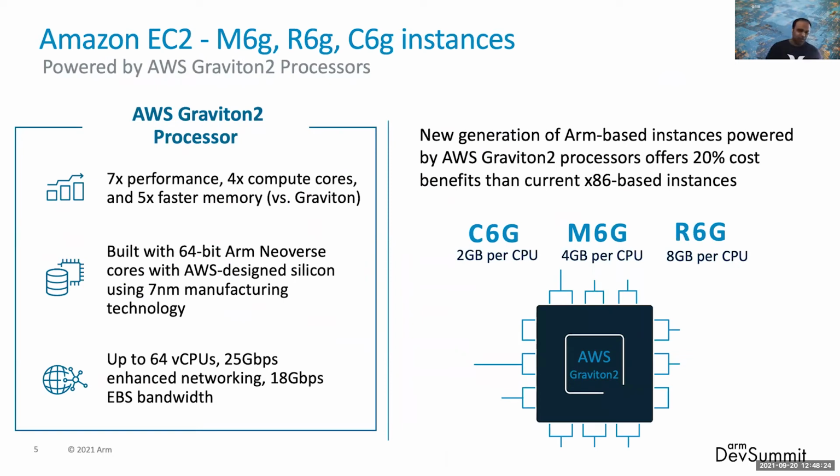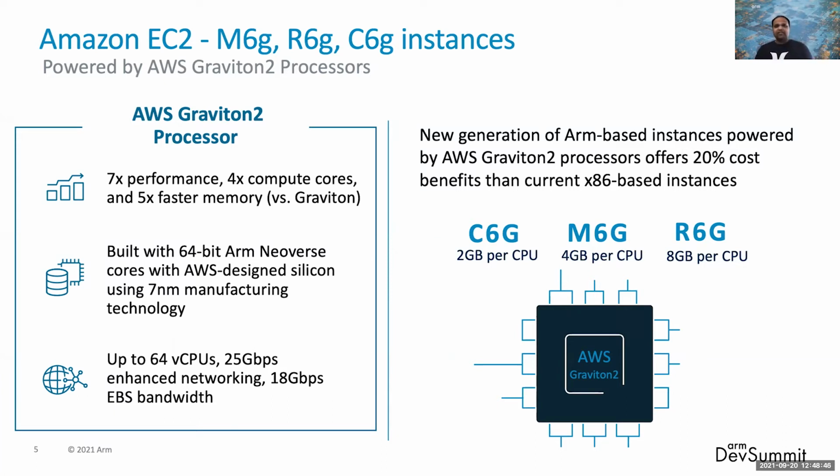AWS Graviton2, these are the EC2 instances that are powered by AWS Graviton2. These are based on the 64-bit ARM Neoverse cores that provide customers with the best performance and price performance benefit over a broad spectrum of workloads with extensive software ecosystem support, right?